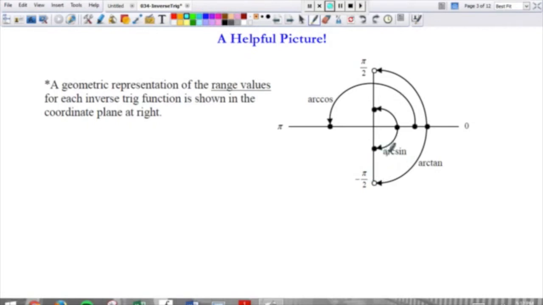Arcsine also has outputs between pi over 2 and negative pi over 2. Arccosine has outputs between 0 and pi. So when you're solving equations with these functions, you can only have solutions that fall in these ranges. Okay?